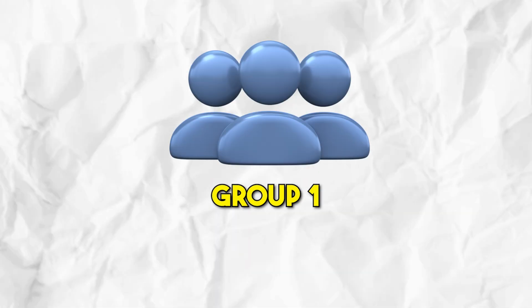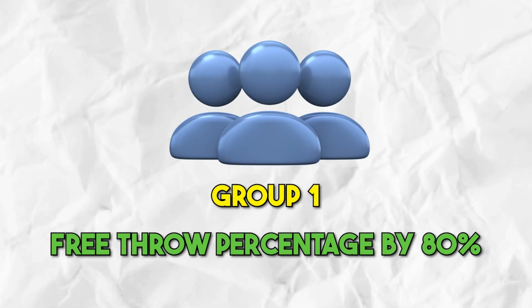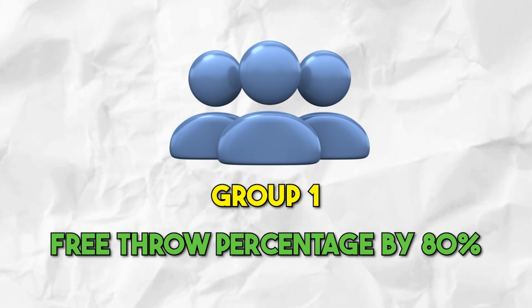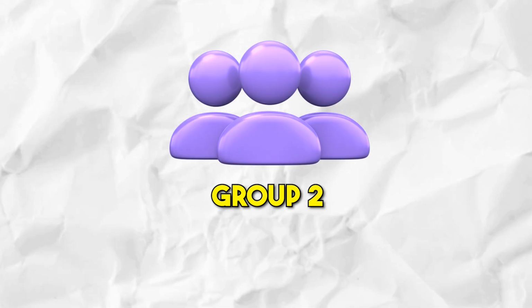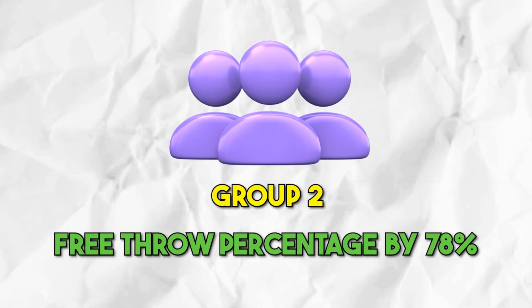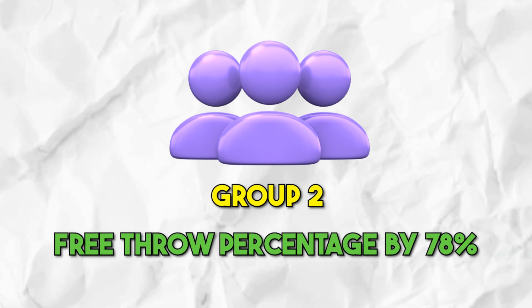Over 30 days, the first group improved their free throw percentage by like 80%, if I remember correctly. I might be off slightly on the numbers. The second group, 78%. They only visualized, they only saw it in their mind's eye. So when they actually started taking the free throws, they'd already seen it. Their mind had already done it. They'd already performed. The neural pathway was already there. The third group, of course, didn't improve at all.